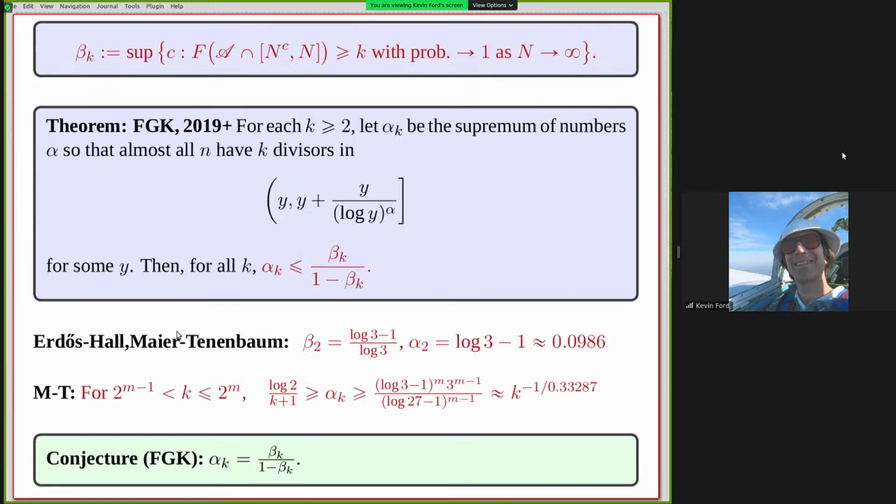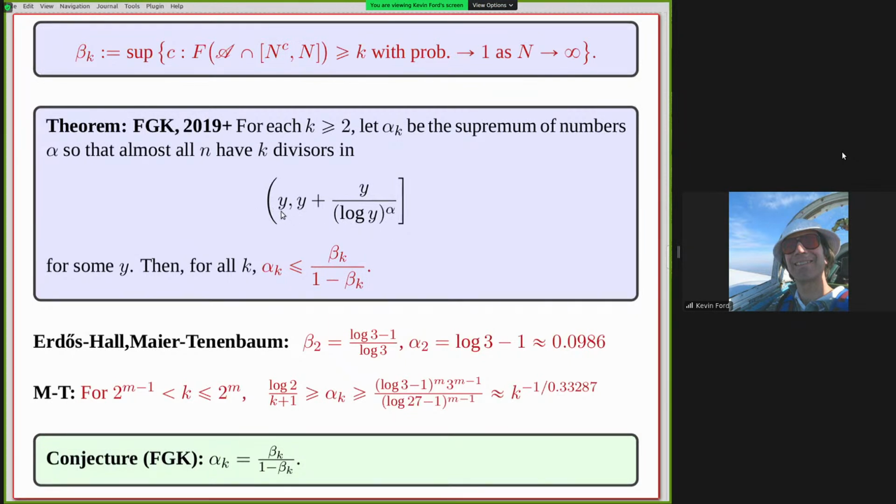So now we'll get kind of a summary here. Let me explain some previous work. Beta k is this restricted concentration problem. The value of beta k also, through our model, corresponds to the problem of finding k very close divisors in a very short interval of this type here.